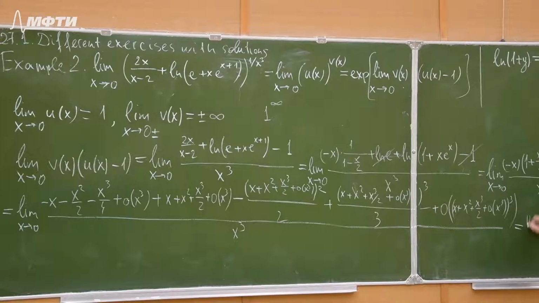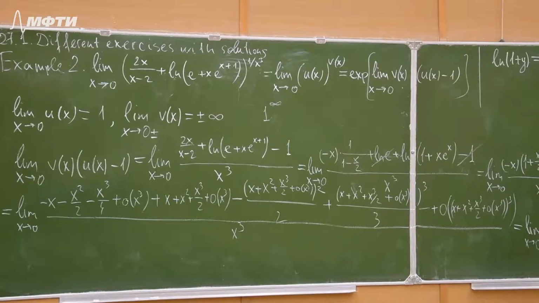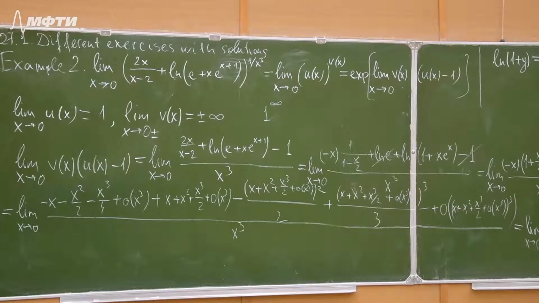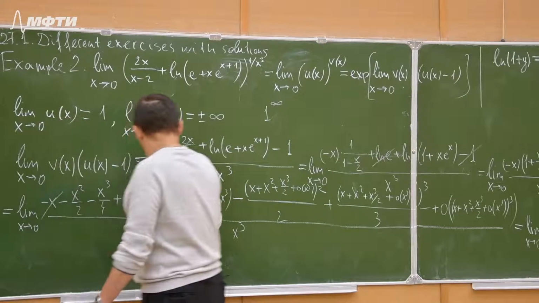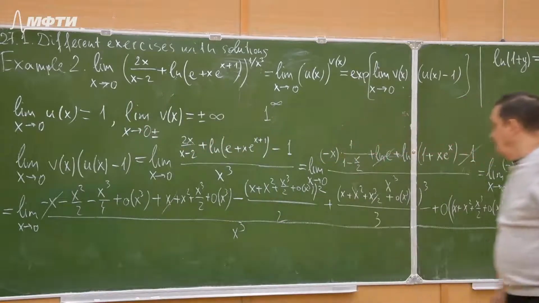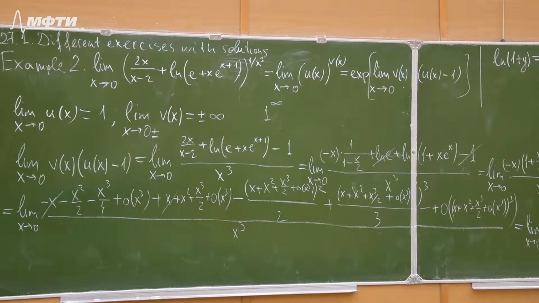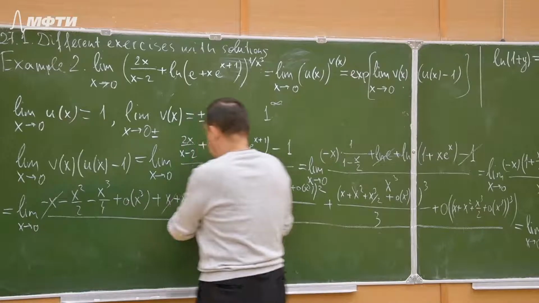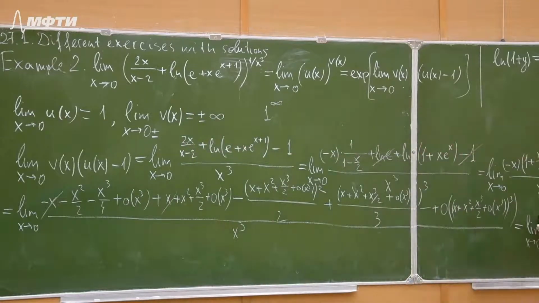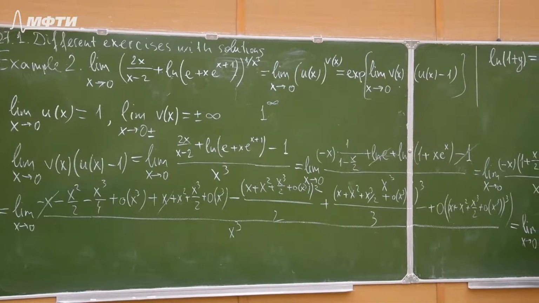Okay, equals to the limit as x tends to 0. Now let's compute. We cancel x. Okay, so minus x squared, minus x squared over 2 plus x squared gives x squared over 2 with plus x squared over 2.